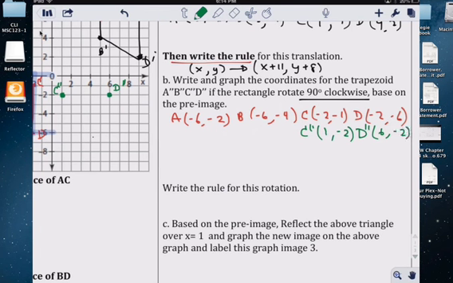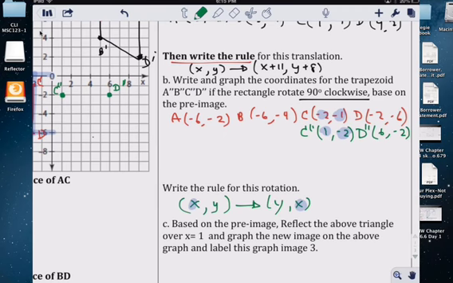So if you look at this from the original (x, y), it's going to flip to (y, x), you noticed. And these two stayed the same. The numbers didn't change, just one becomes its opposite.